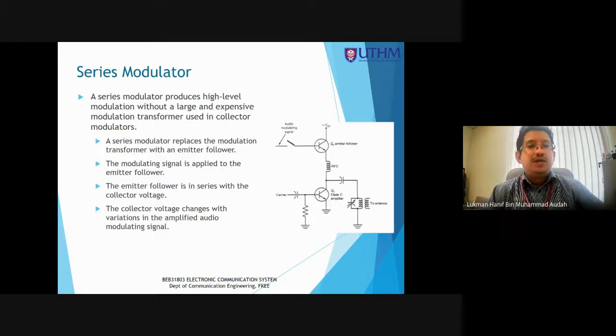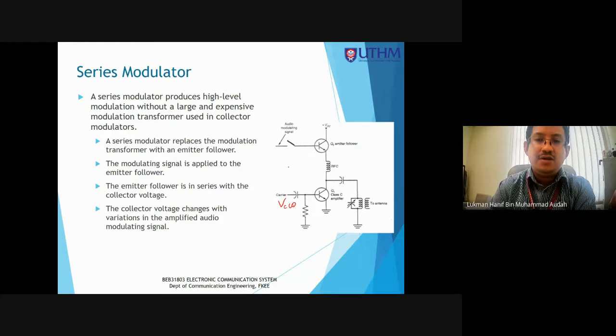Okay, dan pada series modulator, this is another type. Another type of high level modulator is a series modulator. In the series modulator we use two transistors. So each transistor is connected to the VMT and also the VCT. So here is a VCT, here is a VMT.